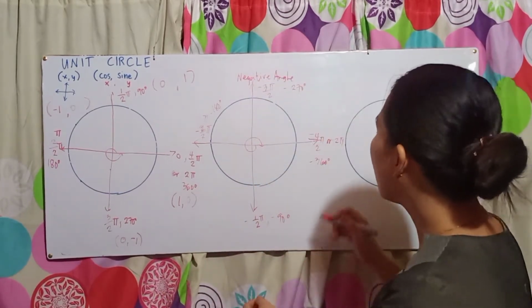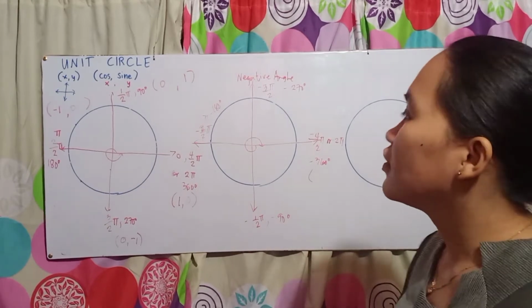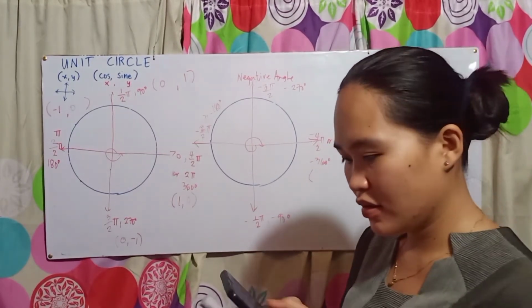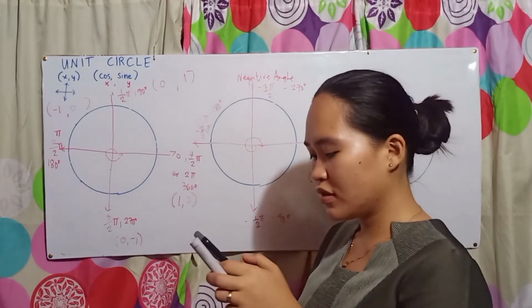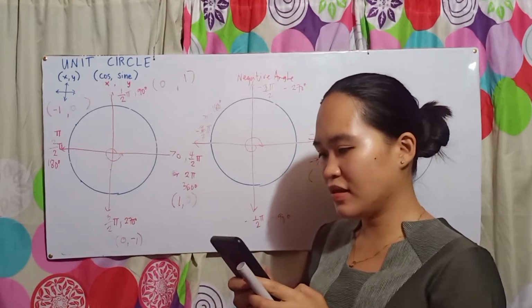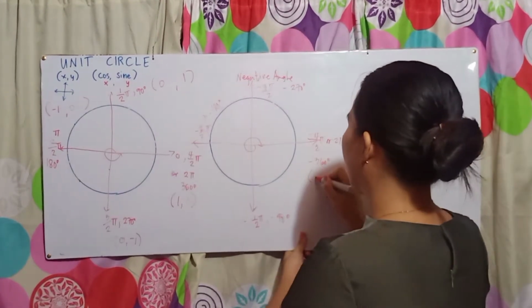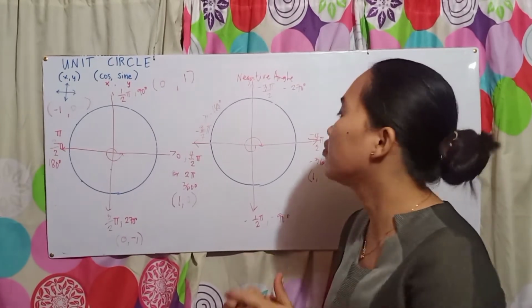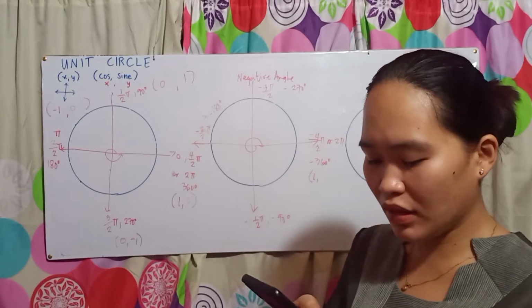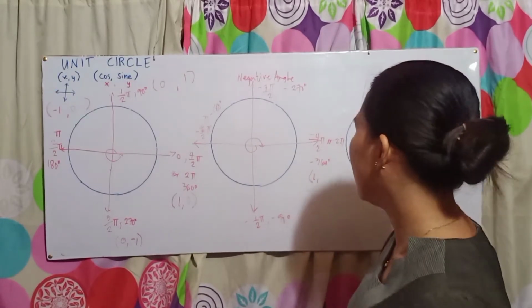Now for the negative angles. Cos negative 360 is 1, the same as before. Then sin negative 360 is 0. So 1, 0.